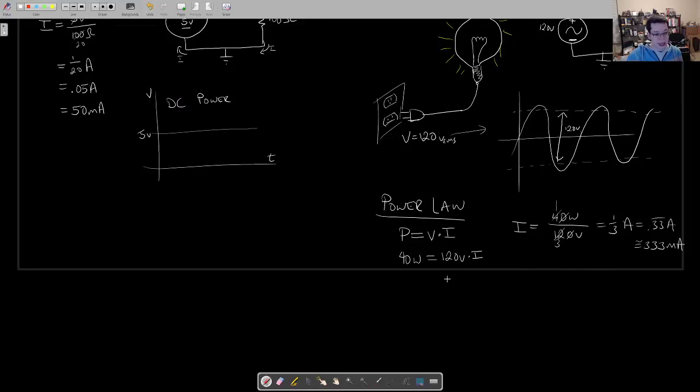And just because we can now, if we want to find the resistance of the light bulb, we can say V equals IR.